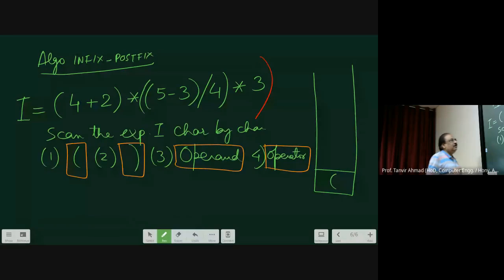Now, first thing, if I get an operand, let us take this. This is the postfix expression, the equivalent postfix, which initially contains nothing, a blank.